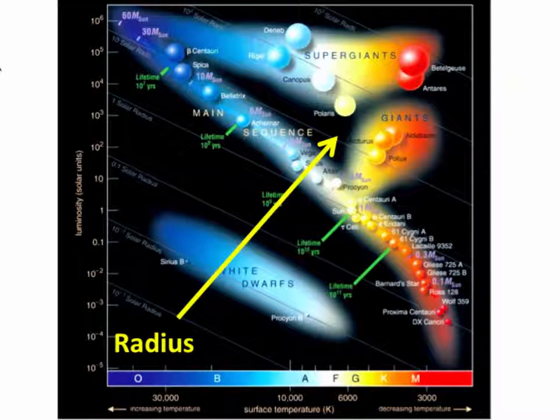They go from about 10 times the radius of the sun up for the bright blue ones, down to about 1/10 the radius of the sun, down here for the faint red. The white dwarfs are all very small, about 1/100th to 1/1000th the radius of the sun. And the red giants are 100 or even 1,000 times the radius of the sun.